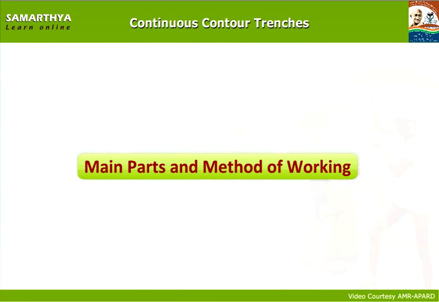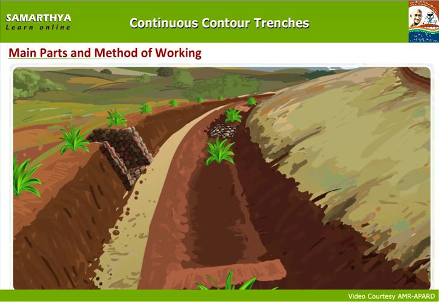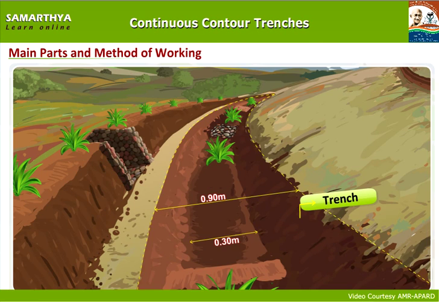Main parts and operating method of continuous contour trenches. Now let us know the main parts and operating method of continuous contour trenches. In continuous contour trenches: 0.9 meters top width, 0.3 meters bottom width, 0.5 meters depth.